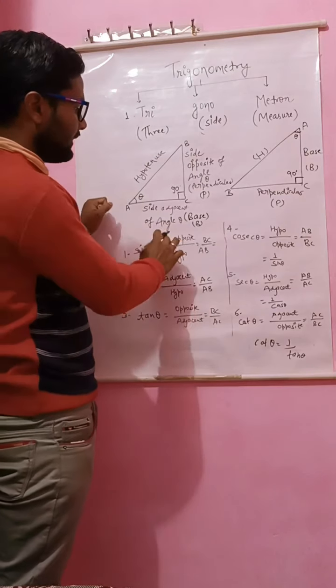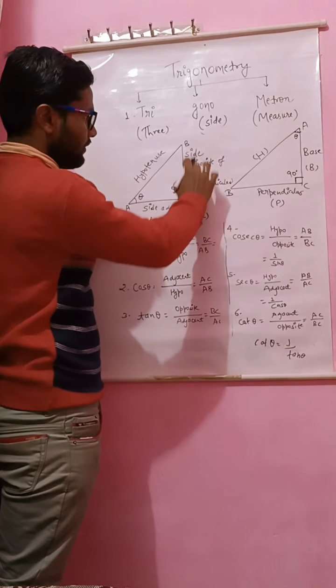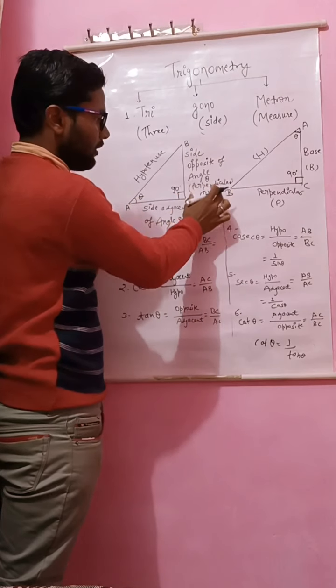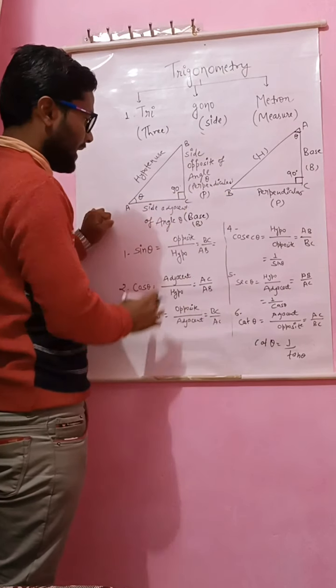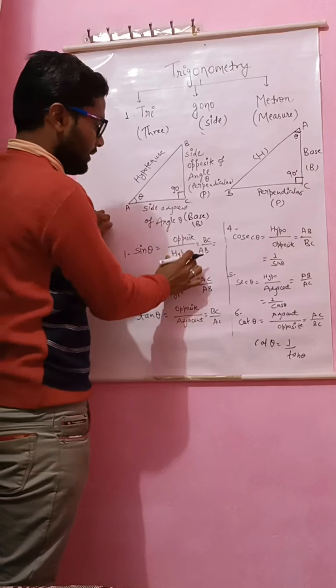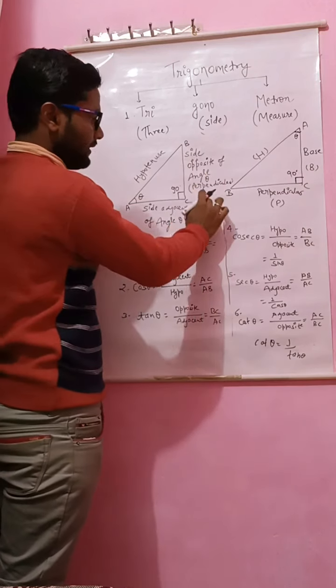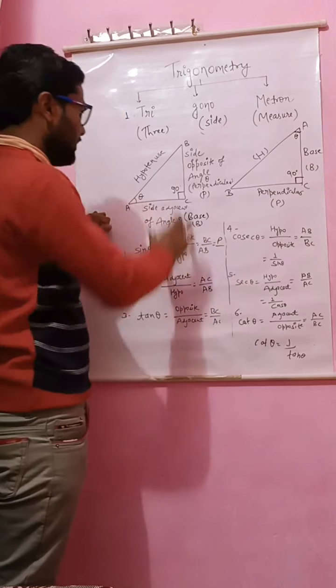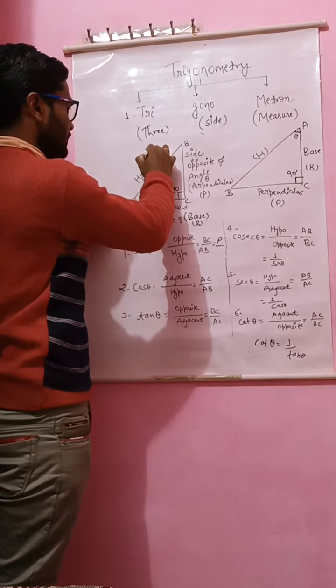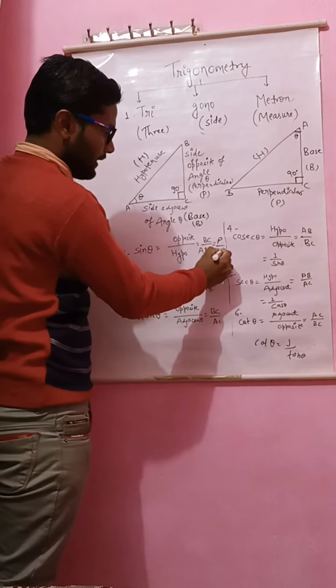Here the opposite side is BC, also called perpendicular, and the hypotenuse is AB. So it is written as BC upon AB. BC is also written as P and AB is written as H, so this is written as P upon H.